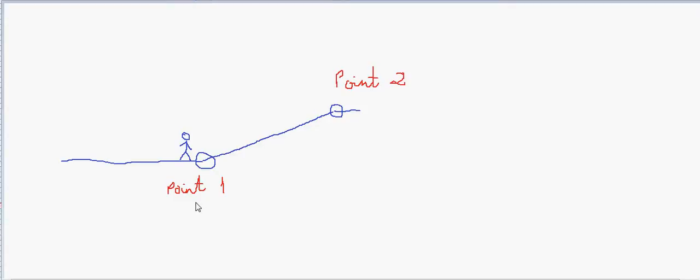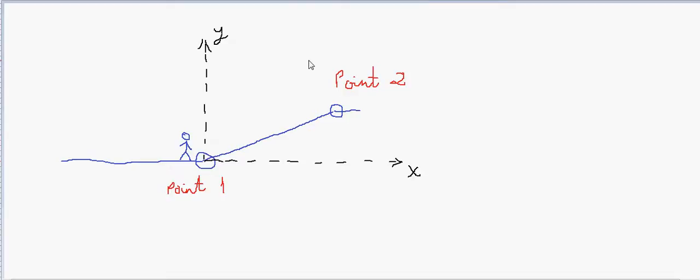Well, the first point will have coordinates in x and y. The reason it's in x and y is because we're visualizing this gradient, this slope, as if it were on a graph. Let's call this vertical one y, and this horizontal one x.